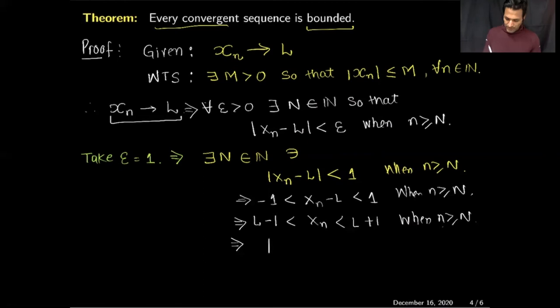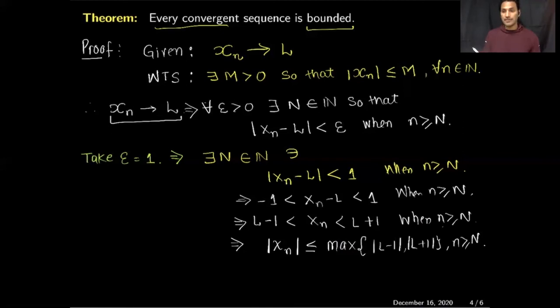Or in other words, the absolute value of xn must be less than or equal to the maximum of these two numbers. If I take the maximum of the absolute values of L minus 1 and L plus 1, the absolute value of each term of this sequence xn must be less than or equal to the maximum of these two numbers.